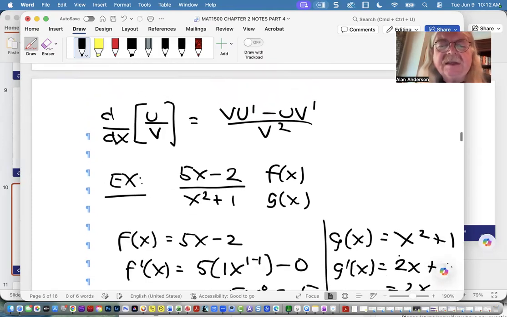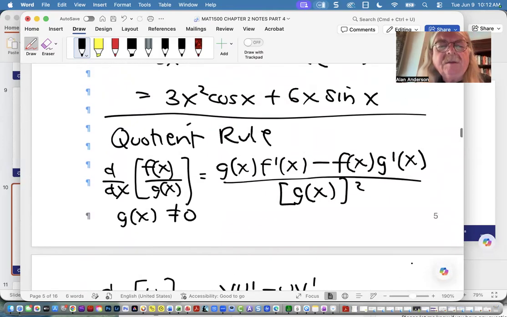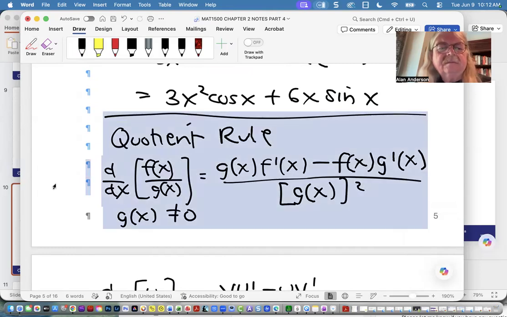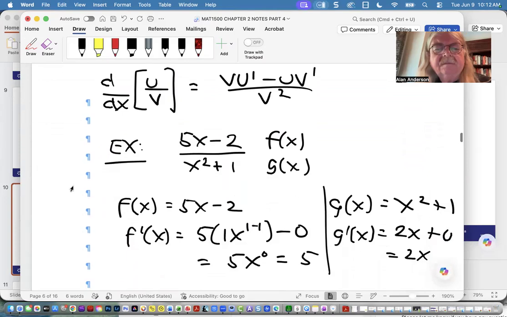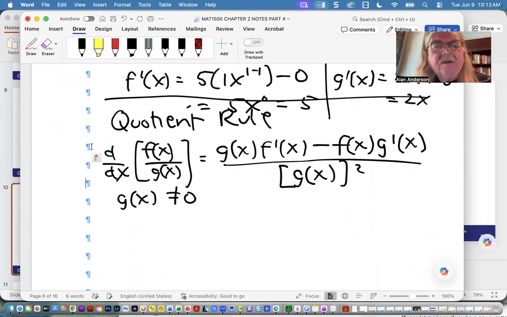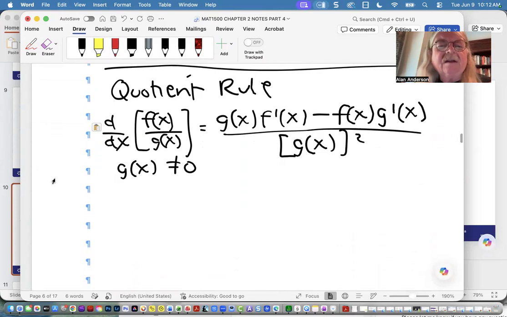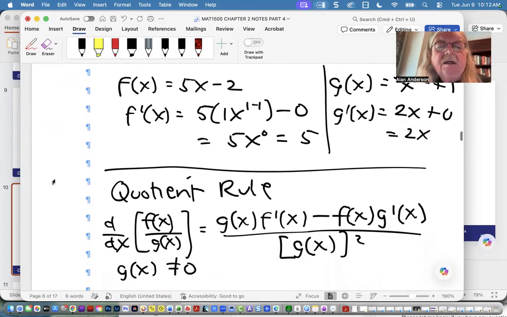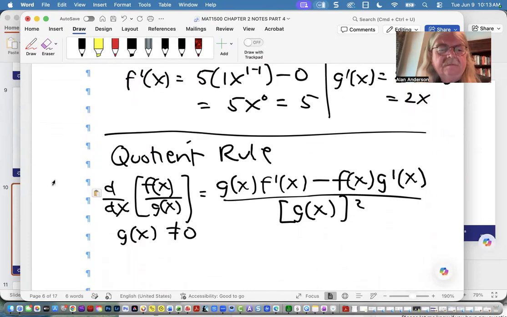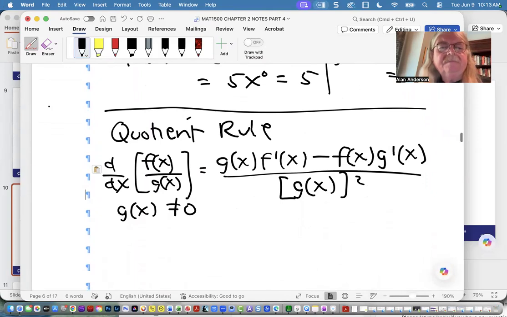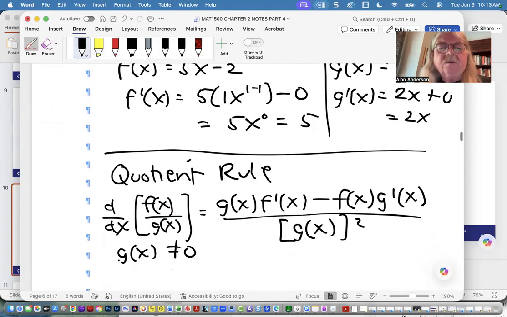So now we just plug everything in. Let me copy the rule one more time so we can see what we're doing. And again, it may look like a mess, but you'll have this memorized very soon. You might not think so, but you will after using it enough. All right, so we have x squared plus 1.